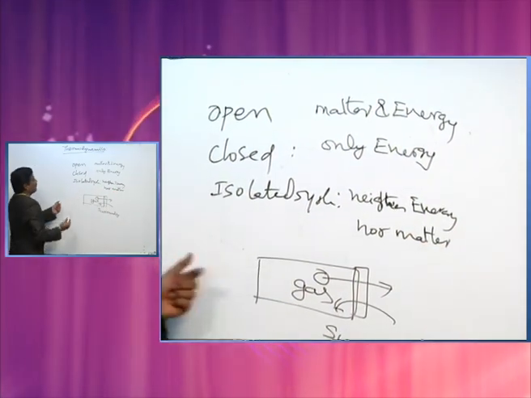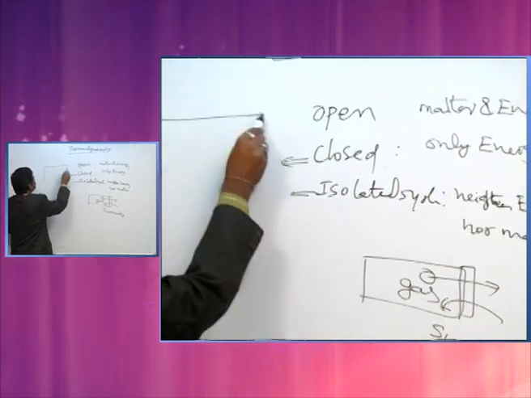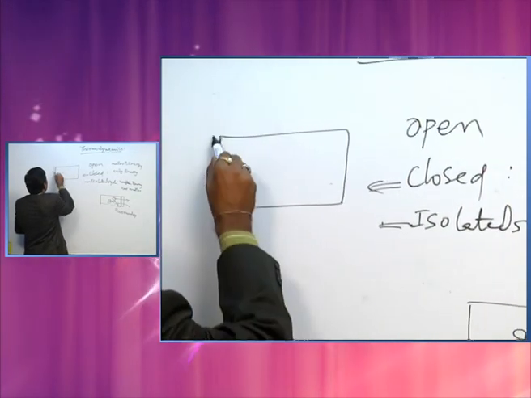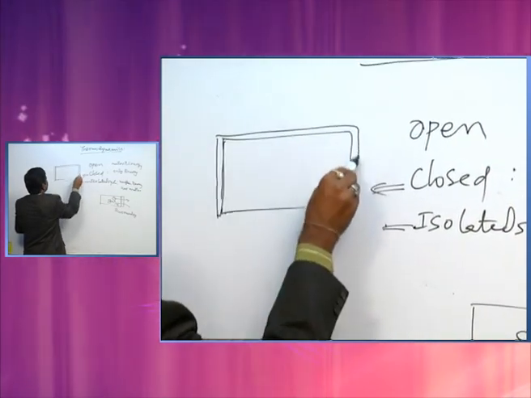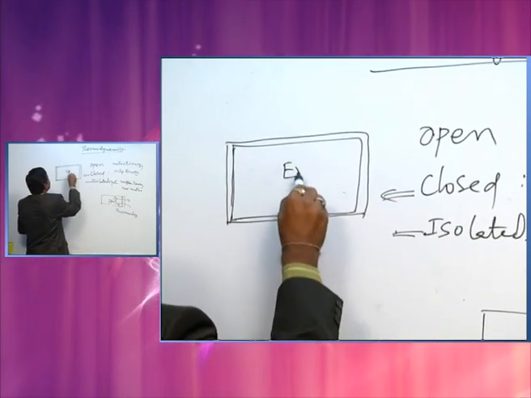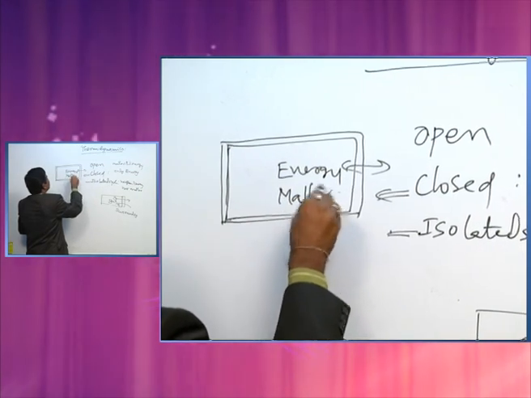If you observe this, how can we construct this particular closed system and isolated system? If it is a cylinder made of completely isothermal walls, then only energy can transfer, the matter cannot.